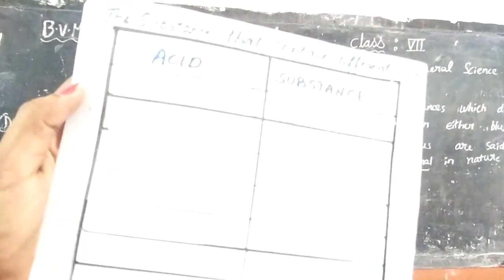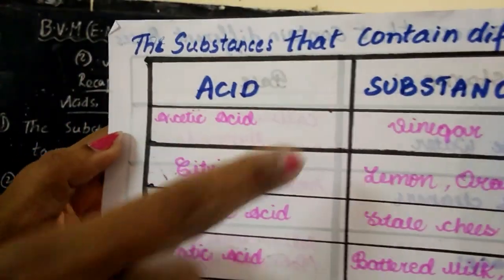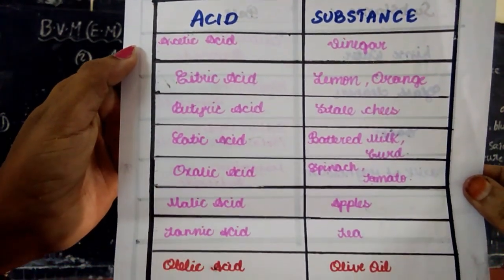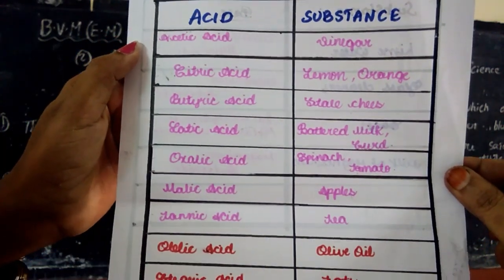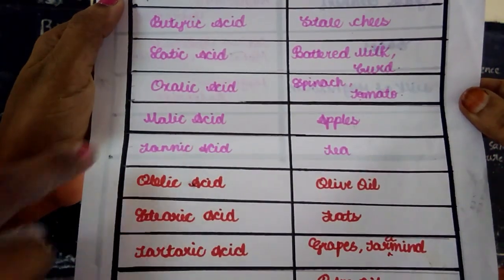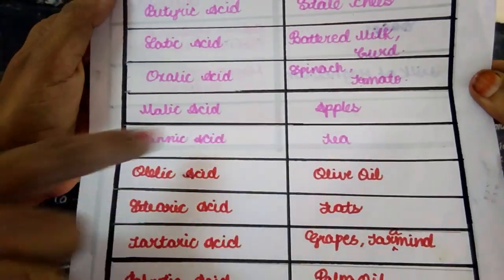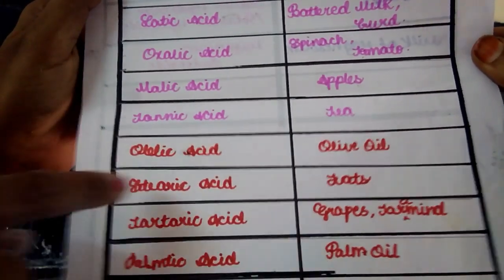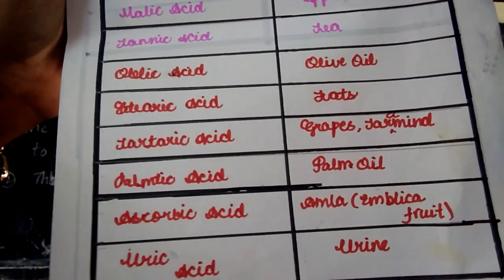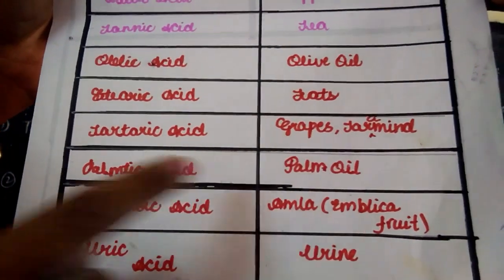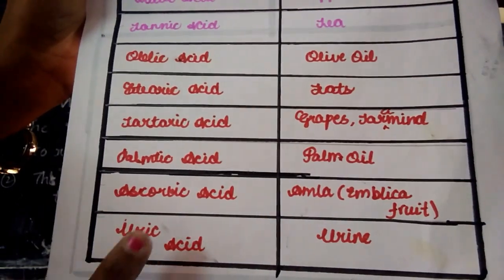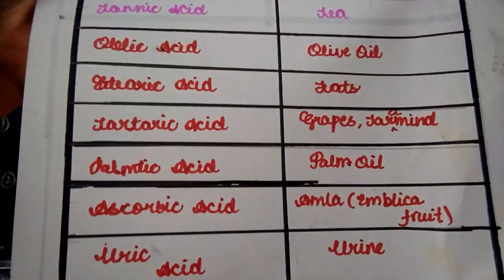In previous classes we discussed these acids. Vinegar contains acetic acid, lemon and orange contain citric acid, stale cheese contains butyric acid, buttermilk and curd contain lactic acid, spinach and tomato contain oxalic acid, apples contain malic acid, tea contains tannic acid, olive oil contains oleic acid and fats stearic acid, grapes and tamarind contain tartaric acid, palm oil contains palmitic acid, amla contains ascorbic acid, and urine contains uric acid.